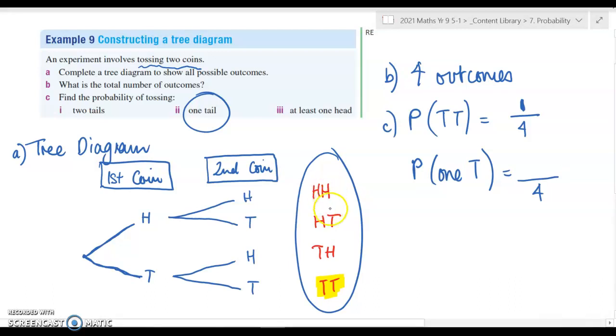So if we go down our list of 4, you can see that this has one tail and this has one tail. I wouldn't count this because it has 2. So I end up with 2 over 4. And 2 over 4, if we divide top and bottom by 2, the probability is a half. So 50%.